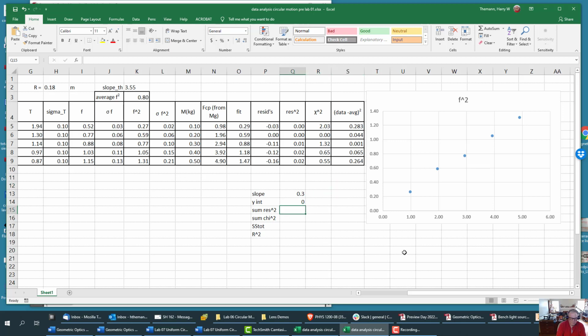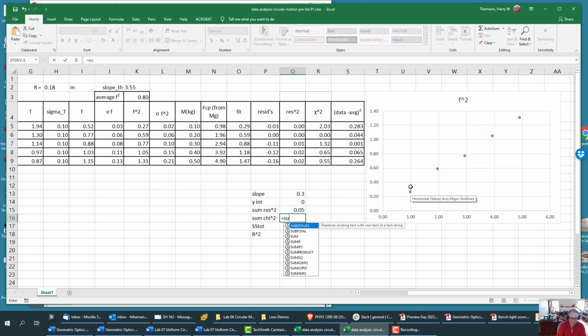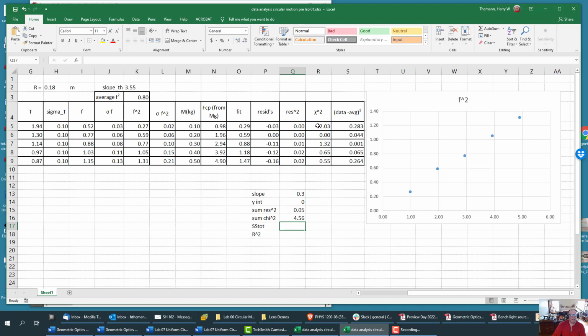So we can do equals the sum of the residual squared. And then equals the sum of the chi-squareds. And we have, yes, the sum of these variance squares. Oops.